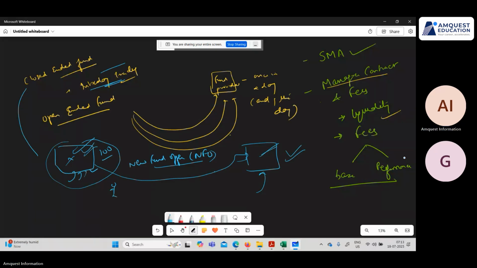Since there are not too many transactions and this is closed, historically NFOs give you more returns than any other open-ended fund, and the reason is very simple. When the redemptions are low, it means the fund manager has more power to invest into products where there are no redemptions.